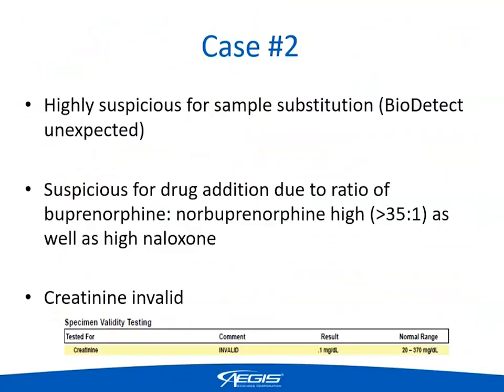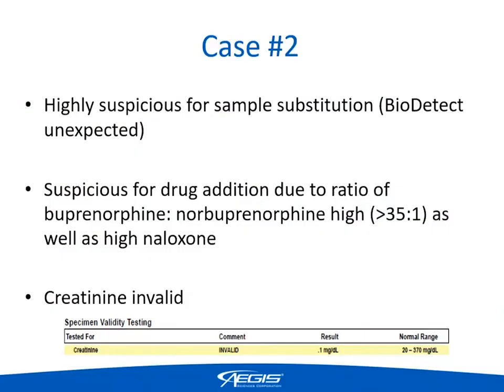So this could have either been a synthetic urine sample, this could have been water or Sprite or something like that, where based off the ratio and the amount of naloxone and then the parent to metabolite of buprenorphine, highly suspicious for drug addition, or submerging a tablet or something like that into the sample.